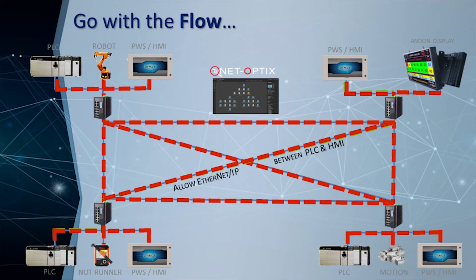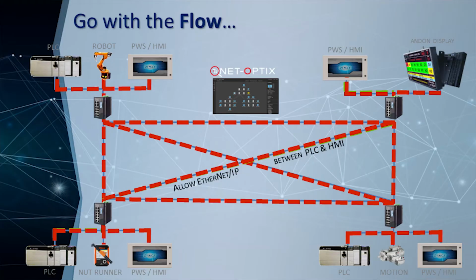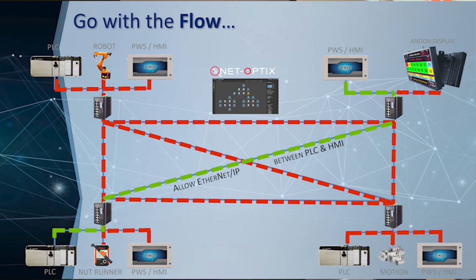Okay? All of the junk that trips us up constantly out on the plant floors goes away. It microsegments. So if I'm trying to talk from this PLC to that HMI, that controller is going to see the request from the switch saying, I got this guy trying to talk to that guy. It's going to check its rules and say, are these two guys allowed to talk SIP?